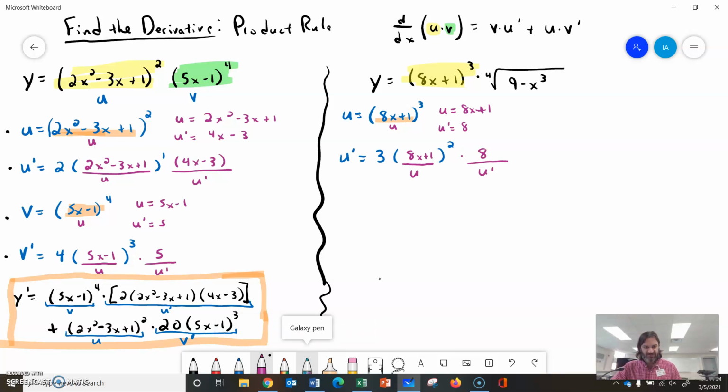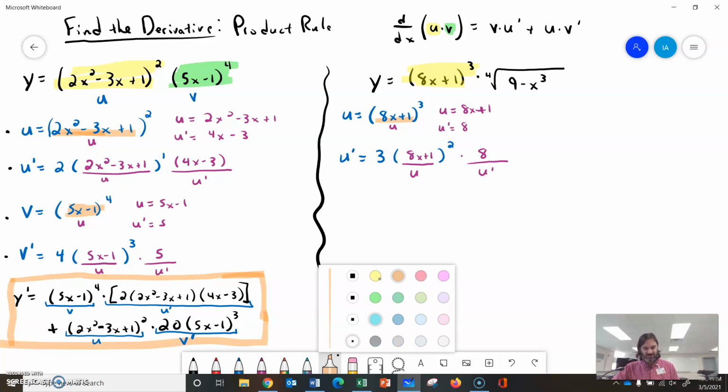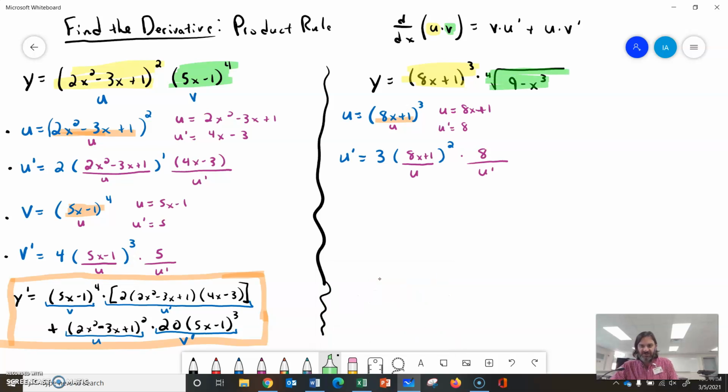Okay, then I'm going to identify the v, which I want to make green here in a moment. The v was the fourth root of 9 minus x cubed. So when I write down the v, I'm going to go ahead and rewrite it as 9 minus x cubed to the 1/4, because I know I want to use the power rule on it.